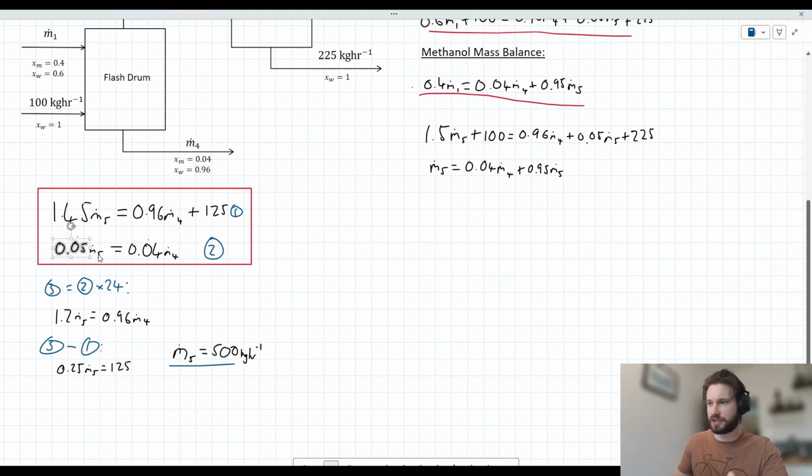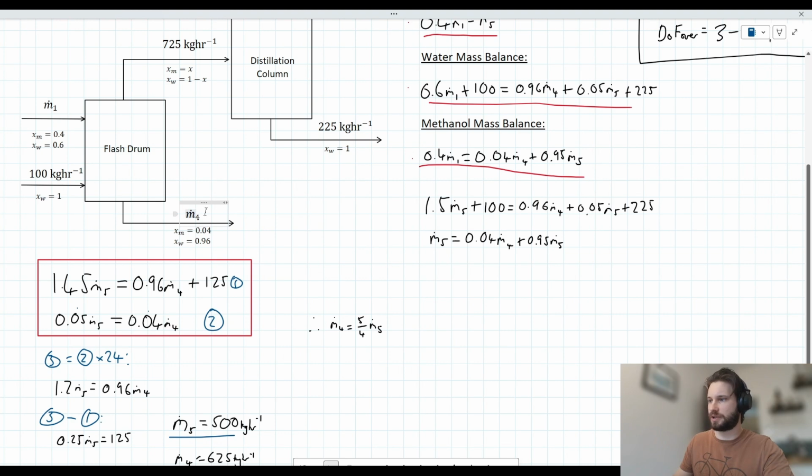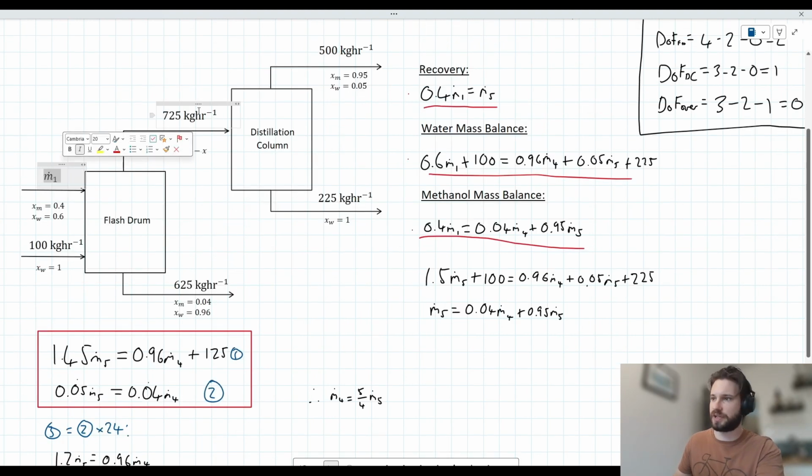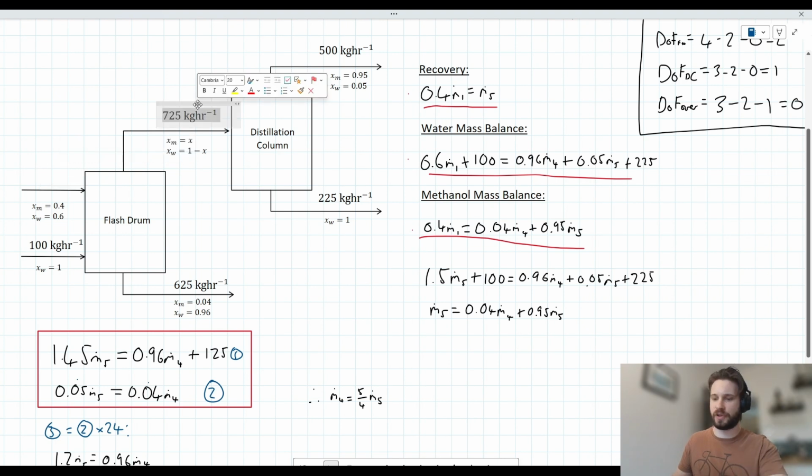We said that 0.05 m5 is equal to 0.04 m4. We could rearrange this and say that m4 is equal to 5/4 of m5. And therefore, by inspection, m4 is equal to 625 kilos an hour, which we can then add to our diagram. And then again, by inspection, we can say that m1 is equal to 1,250 kilos an hour.